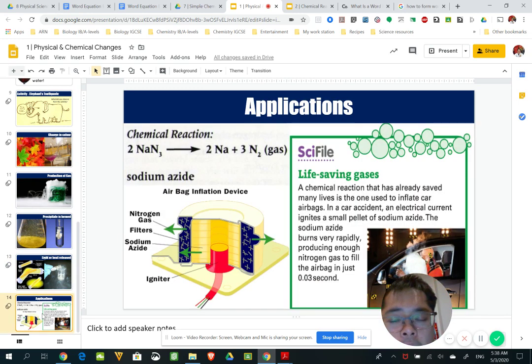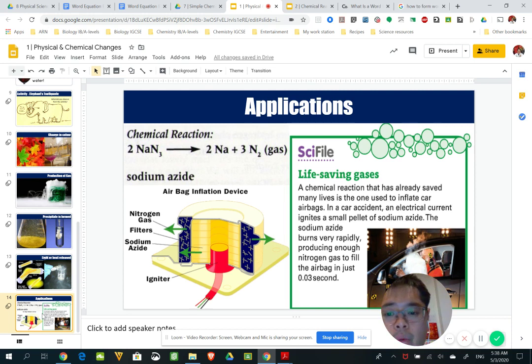One example of a chemical change is found in car airbags. Inside there, substances will react and eventually form the airbag.